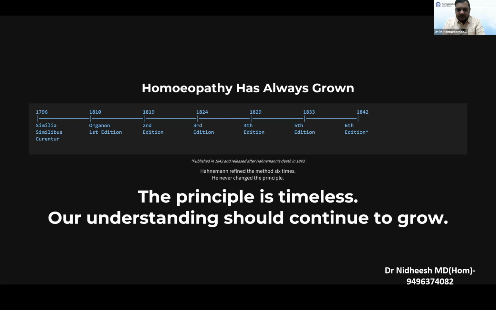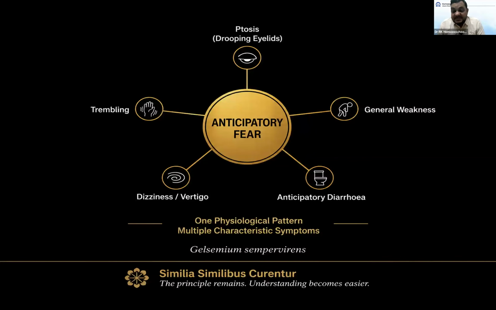So I have just introduced a drug called Gelsemium here. What is the physiological pattern of Gelsemium? If we study Gelsemium using this physiological pattern, there is no need to study the full materia medica, just this simple pattern.